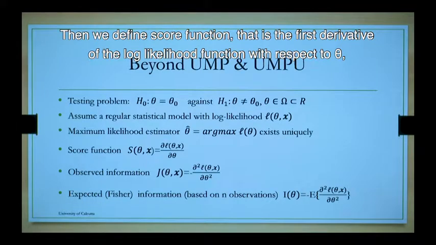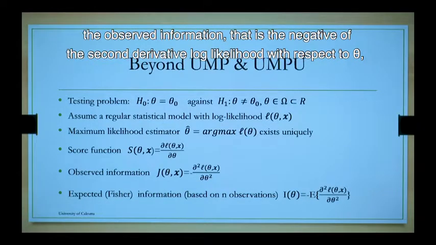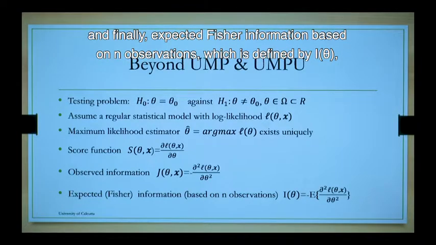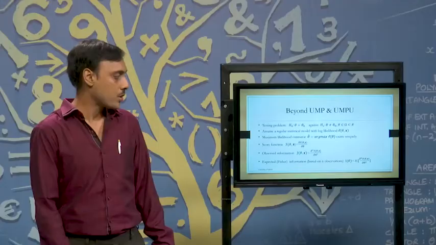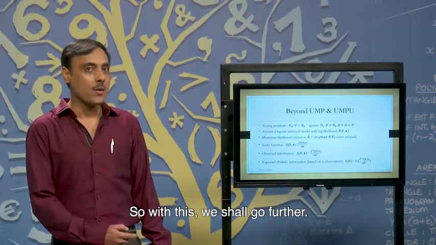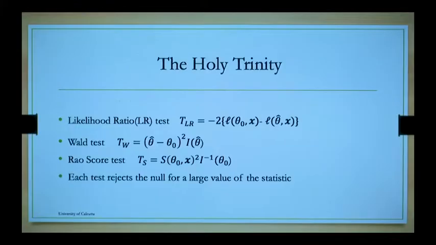Then we define the score function, that is the first derivative of the log likelihood function with respect to theta, the observed information, that is the negative of the second derivative of the log likelihood with respect to theta, and finally the expected Fisher information based on n observations, I(theta), which is the expected value of the observed information. So with this we shall go further.